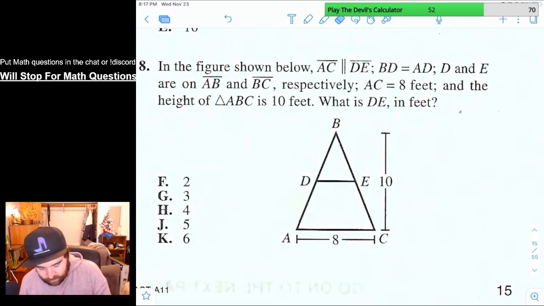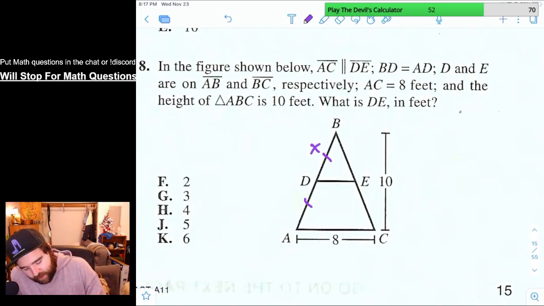Well, let's see, what else do they tell us? BD equals AD. Oh, okay. That's interesting. Okay. So if that's x and that's x, this whole thing is 2x.